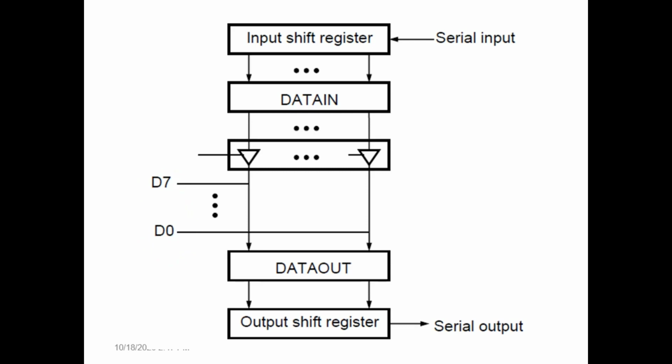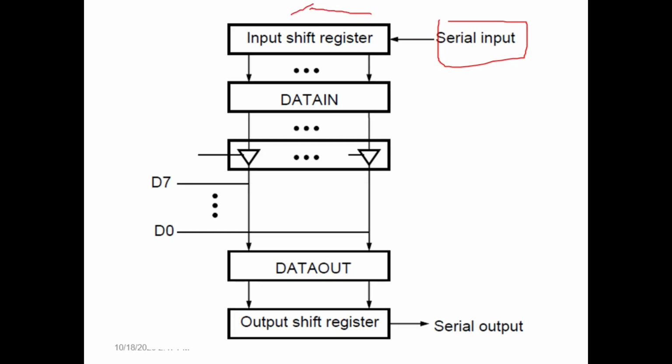Now let us see the input operation. When a serial input device keeps sending every bit one by one, initially that bit reaches right here. When the device sends one more bit, this bit is shifted towards the left, and the new bit is placed. That is a shift operation. So every time a bit is received, we transfer all the current bits in the input shift register towards the left.